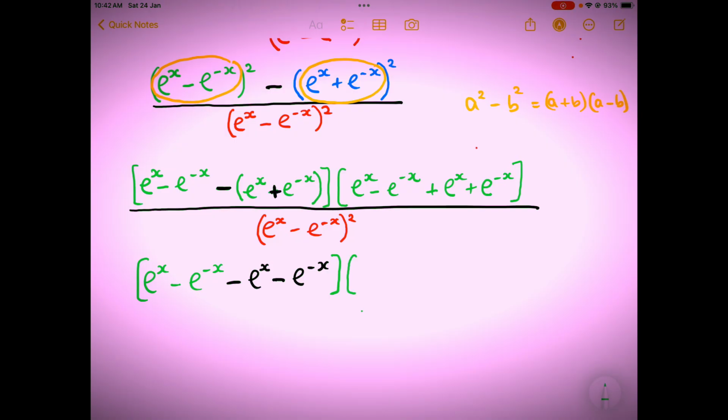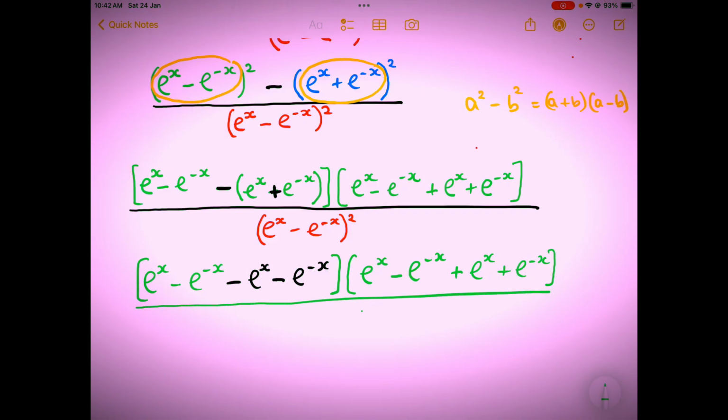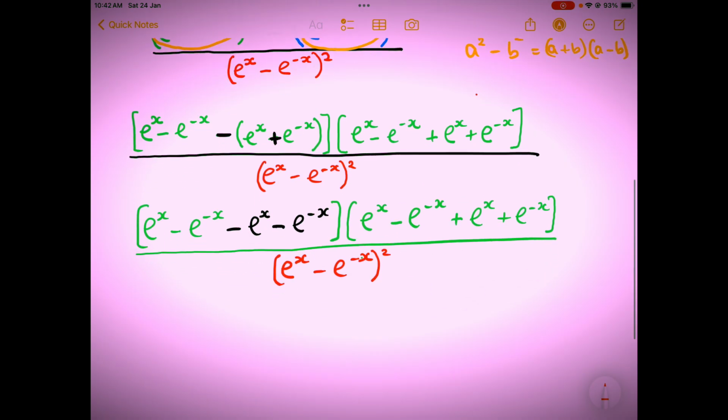And now when we also check the other side, we can write e^x minus e^(-x) plus e^x plus e^(-x). All this now divided by the denominator. So guys, from here we can simplify further.